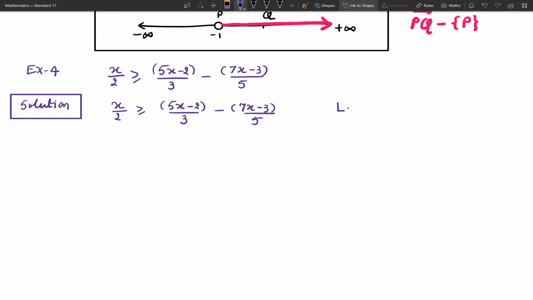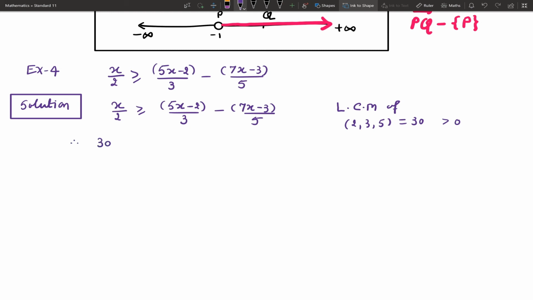Now we note that the LCM of 2, 3 and 5 is 30, and 30 is greater than 0. So we multiply throughout by 30, and since it is a positive number, the inequality will remain unchanged. So we multiplied both sides by 30.